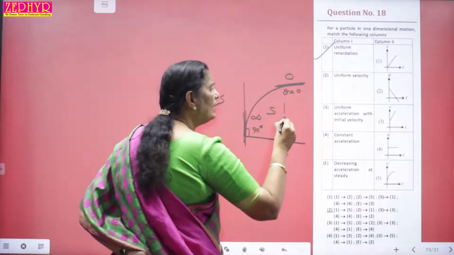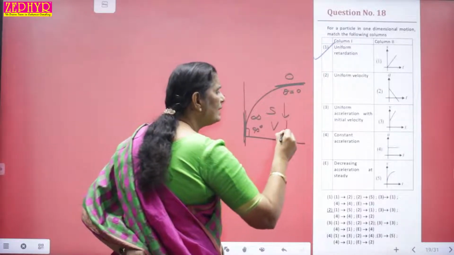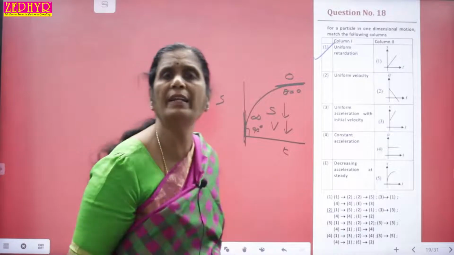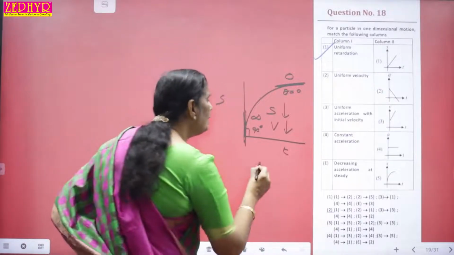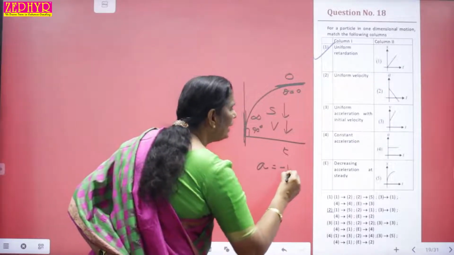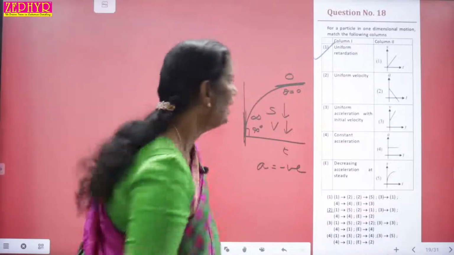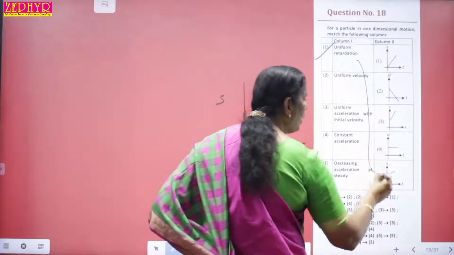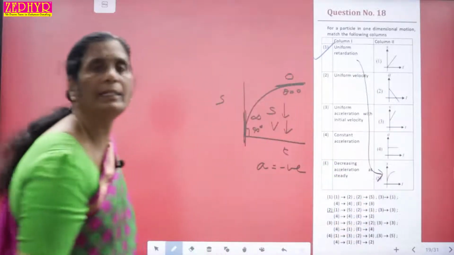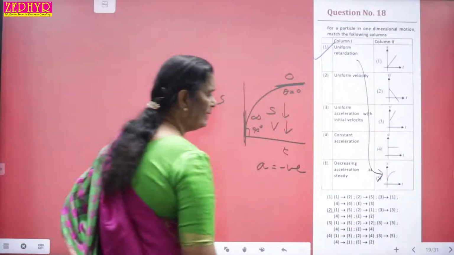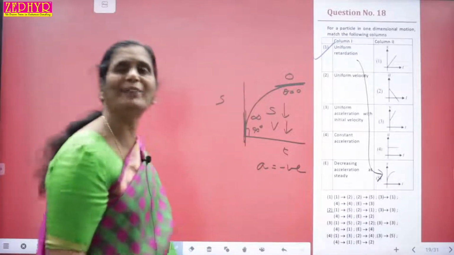So the slope is decreasing, velocity is decreasing, and therefore it has negative acceleration. Negative acceleration represents retardation, so this is the correct answer. So 1 goes to 5.